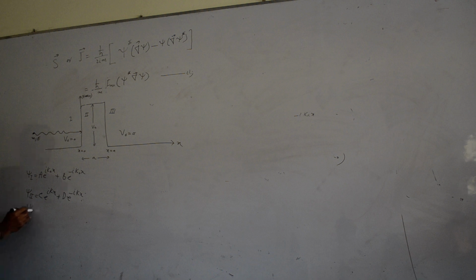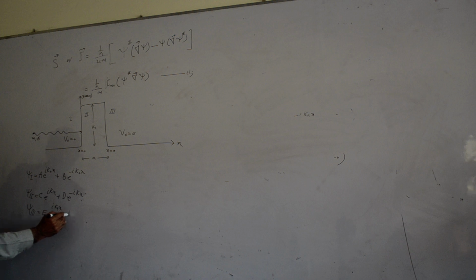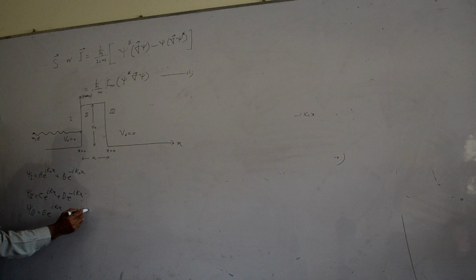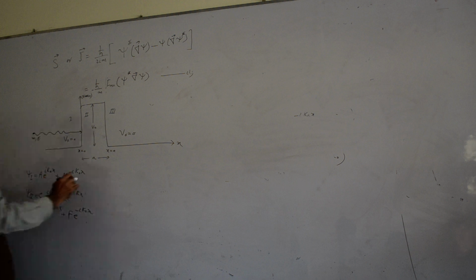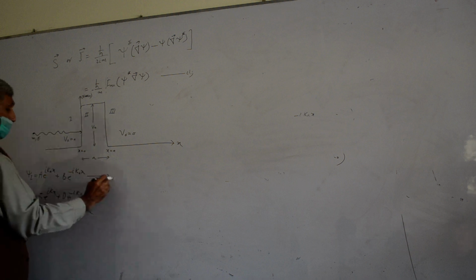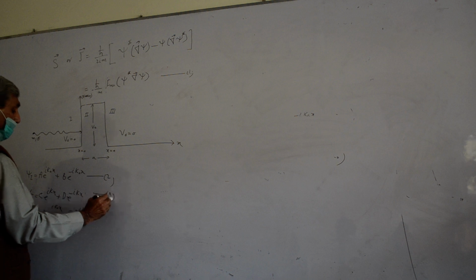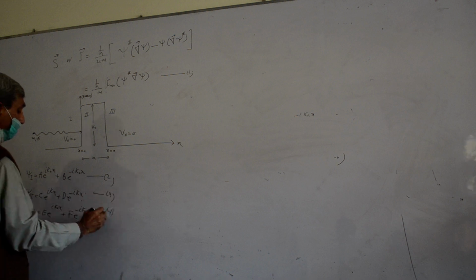Psi 3 is equal to E raised to I k naught x plus F e raised to minus I k naught x. ये 2, 3, 4. Now look.